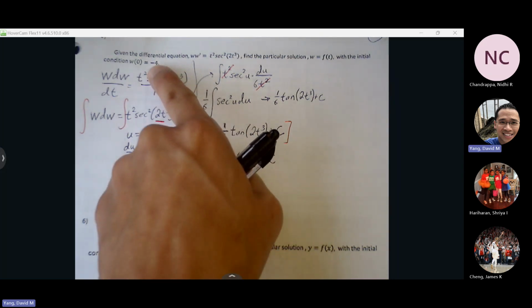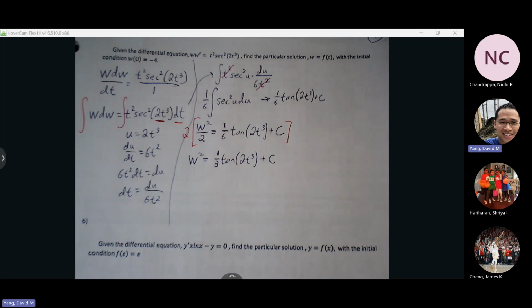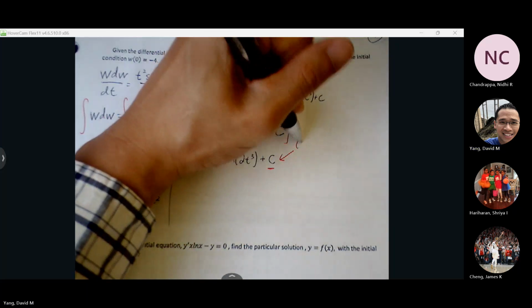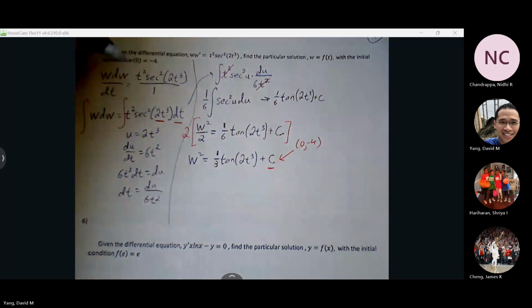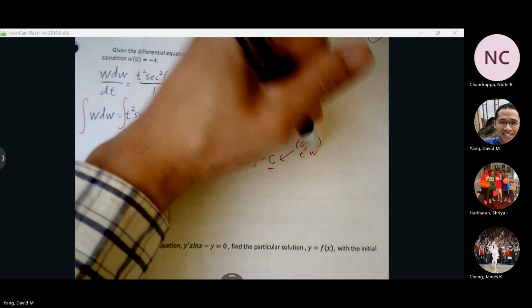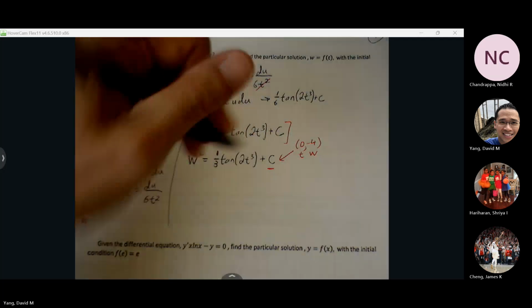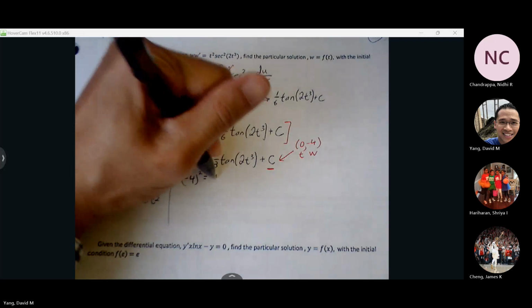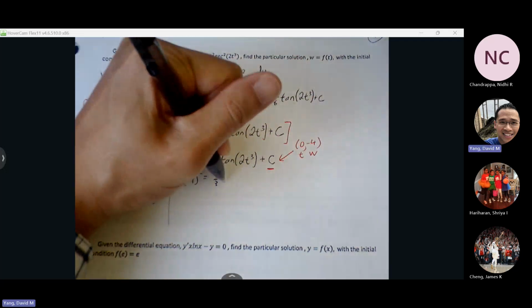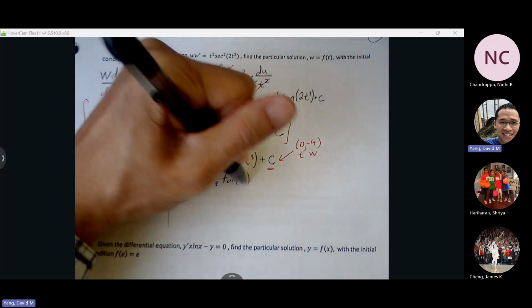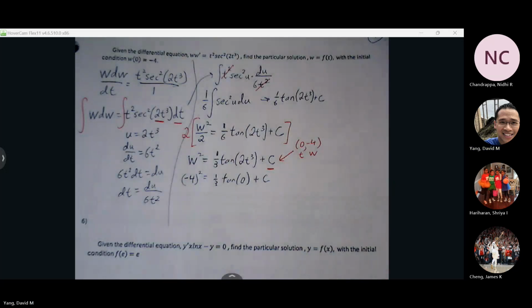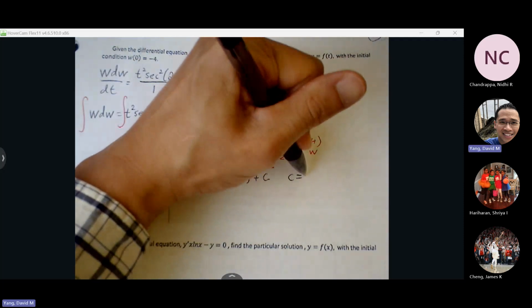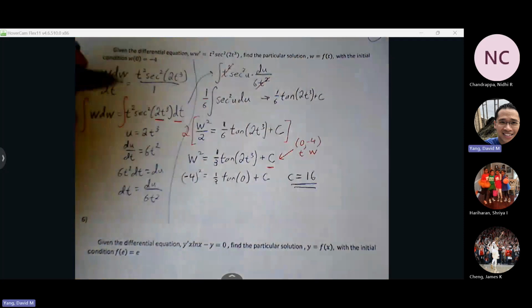So I'm just going to pause and plug in and solve for C at this point. That 0 is nice because that's going to force that tangent to 0 out as well. So I get C equals 16.